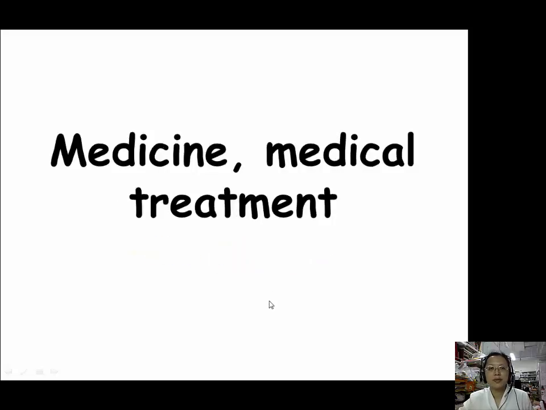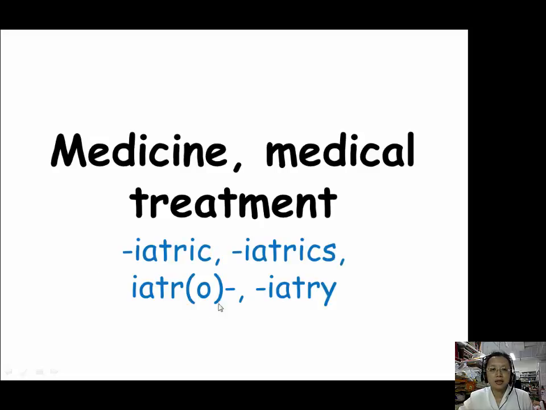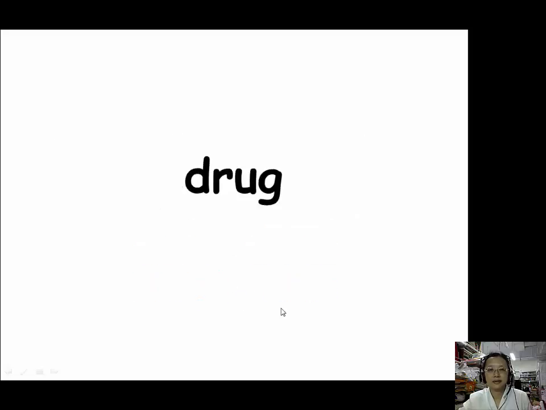For describing inflammation, we could use this suffix, itis, and the prefix phlogo. To describe things that are related to medicine or medical treatment, we could use this prefix, iatro, and these three suffixes, iatric, iatrix, and iatry.